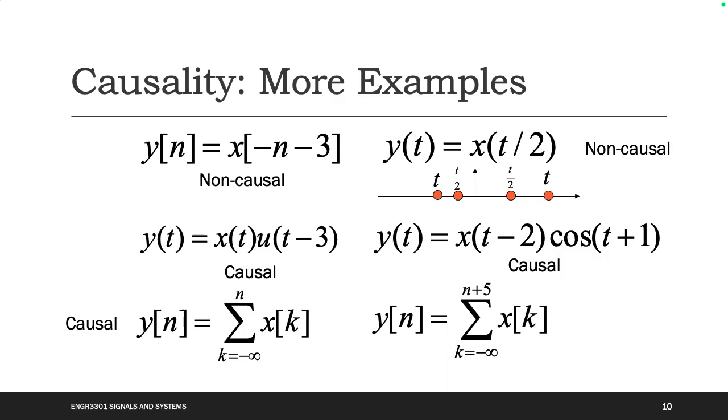Are you sure? What's the present time? n, am I right? It will add the k from negative infinity to n plus 1, n plus 5. So what is it? It is non-causal because it will depend on the future time. Am I right? Does that make sense to you? Any questions?